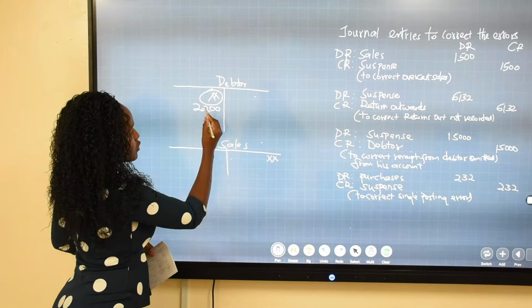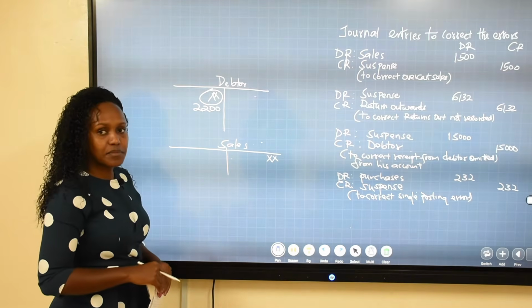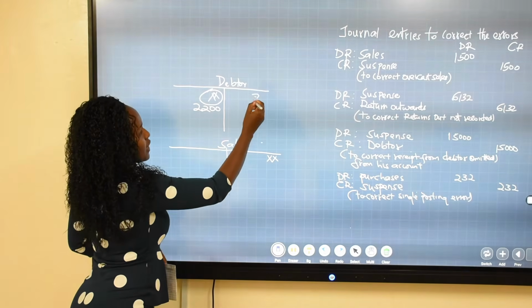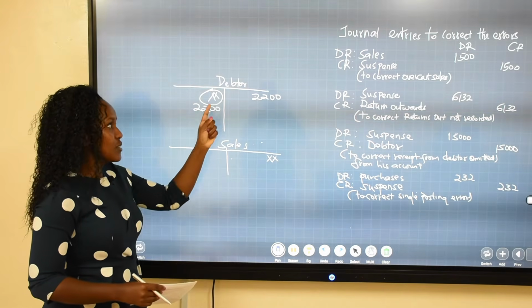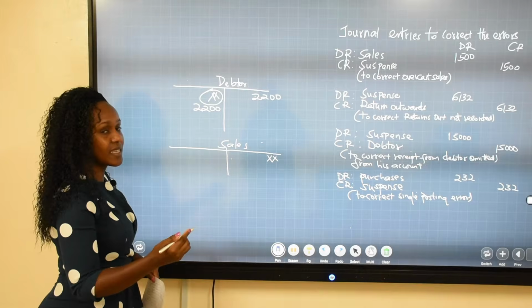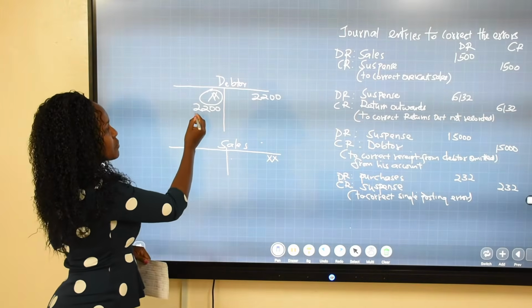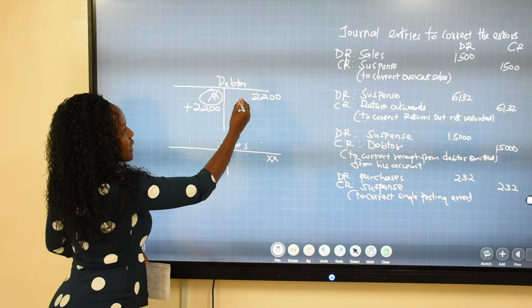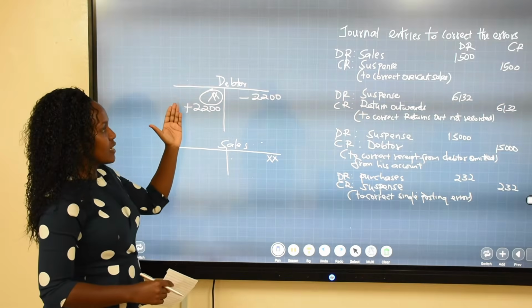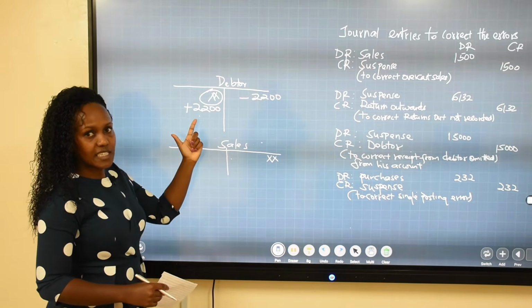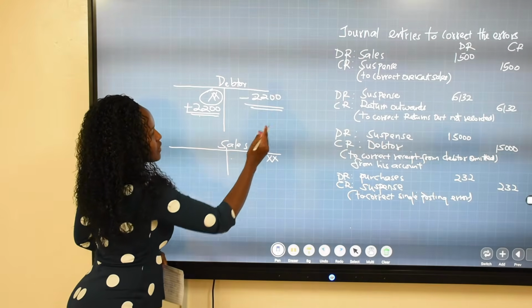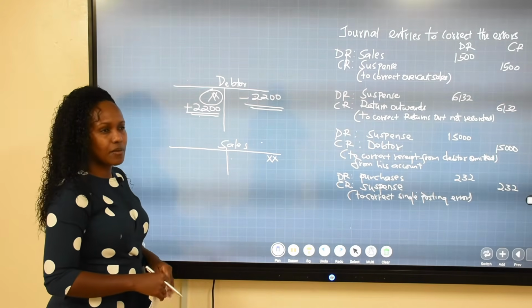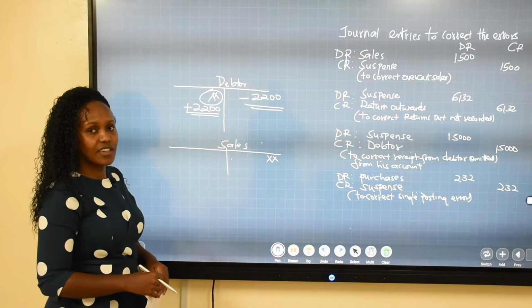So what we are going to do here now to correct this error, number one, we have to credit 2,200 to the debtor's account. This first time you're crediting, you're simply saying plus 1 minus 1. That is, this error is now corrected. You had debited 2,200 by mistake, and you have credited 2,200.